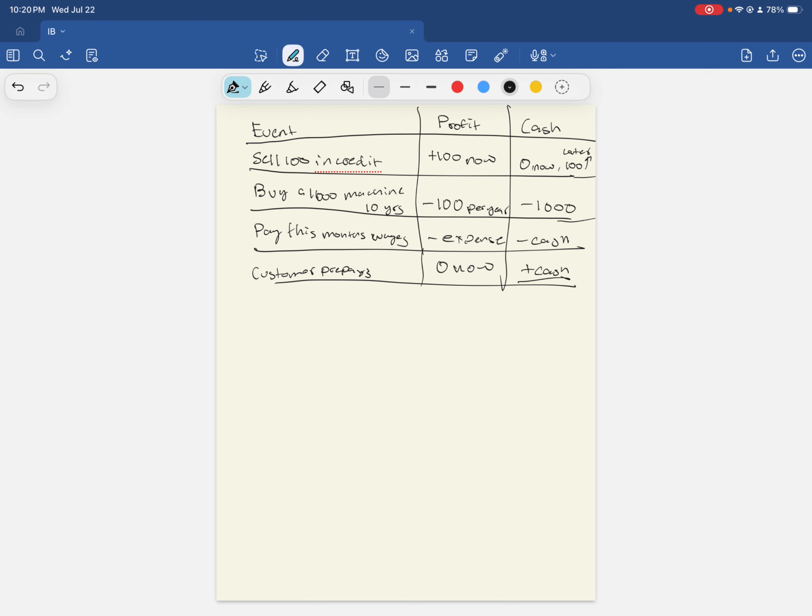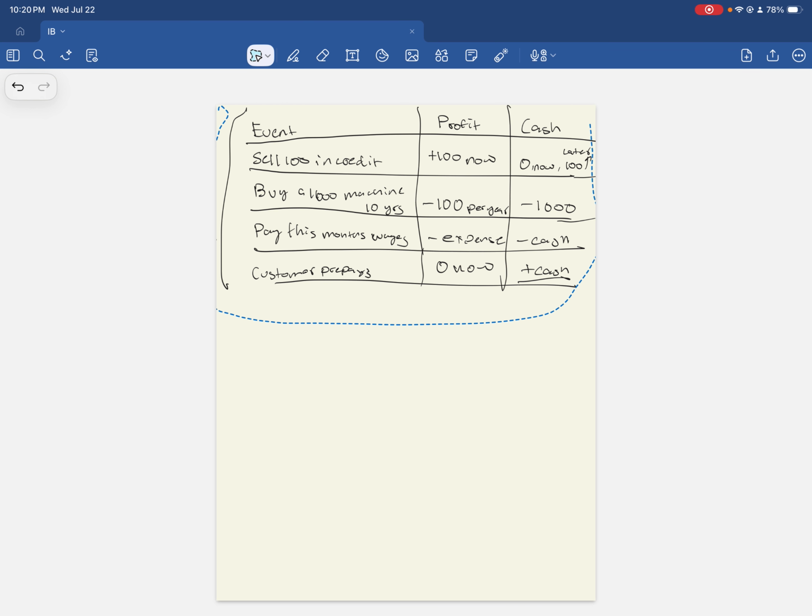In my opinion, accrual is just a fancy word for a fair rule. By fair rule I mean you count things when they really happen, not when the money just happens to change hands, as we can see with this table. So that's basically it for accrual and cash. We're going to make sure we focus on accrual because that's what we're going to be looking at for these questions.